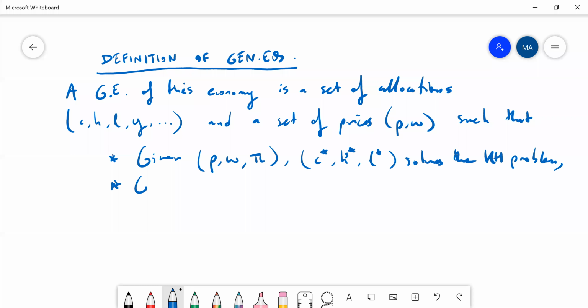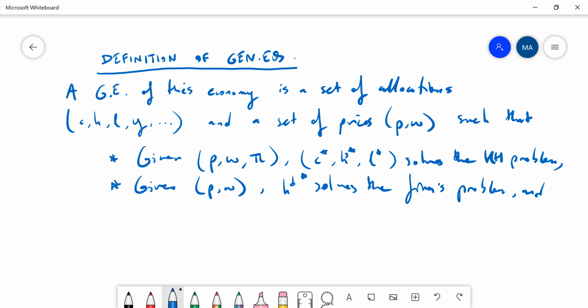plus given P and W, HD star solves the firm's problem, and finally markets clear.